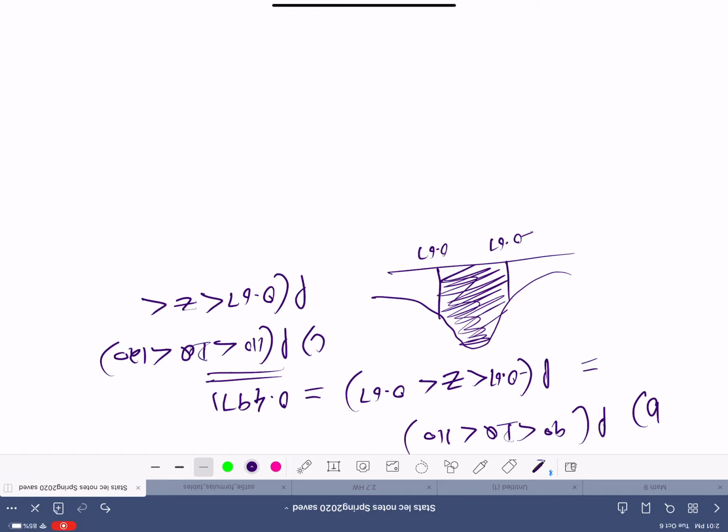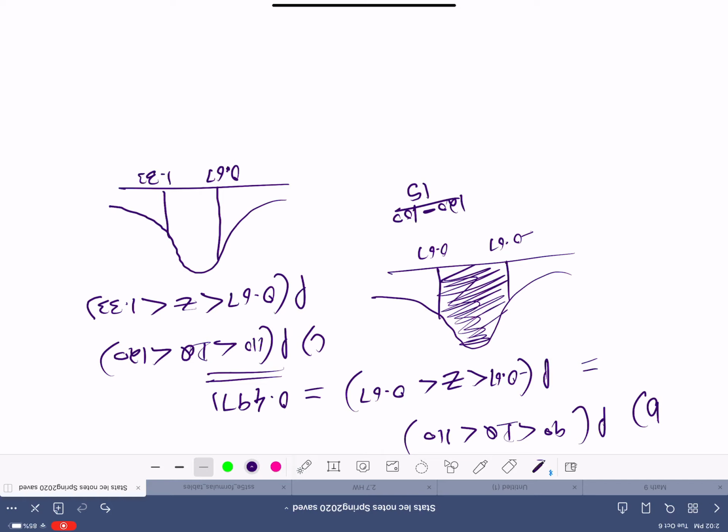We also want to find the z-score for 120. That would be 120 minus 100, divided by 15, and that turns out to be 1.33. So we want the probability, or the area, between 0.67 and 1.33.